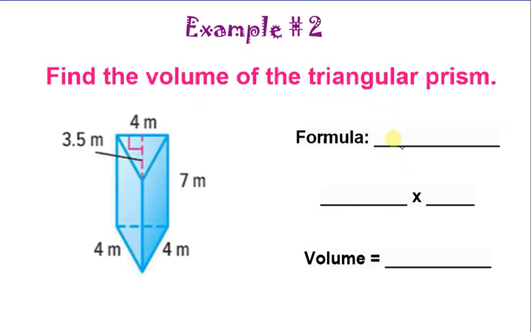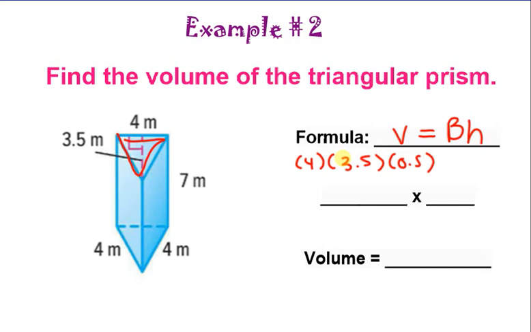Okay, let's look at example number 2. So find the volume of the triangular prism. So our formula is volume equals big B times H. So over here I'm going to need my triangle base, which is this right here. So the base is 4. The height of that triangle is 3.5, and then times 0.5.